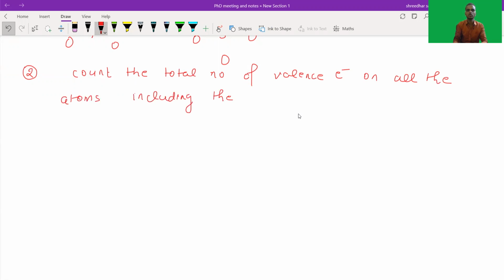Now you have to count the total number of valence electrons on all the atoms including the charge.